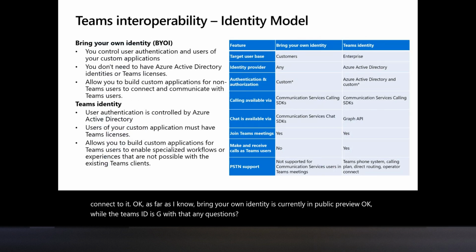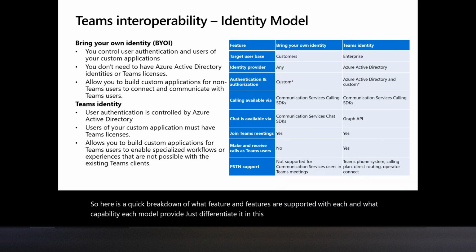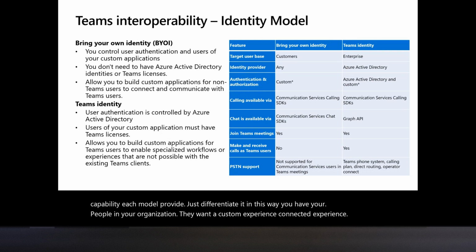Okay. So here is a quick breakdown of what features are supported with each and what capability each model provides. Just differentiate it in this way. People in your organization want a custom experience, a connected experience that cannot be supported through Teams.